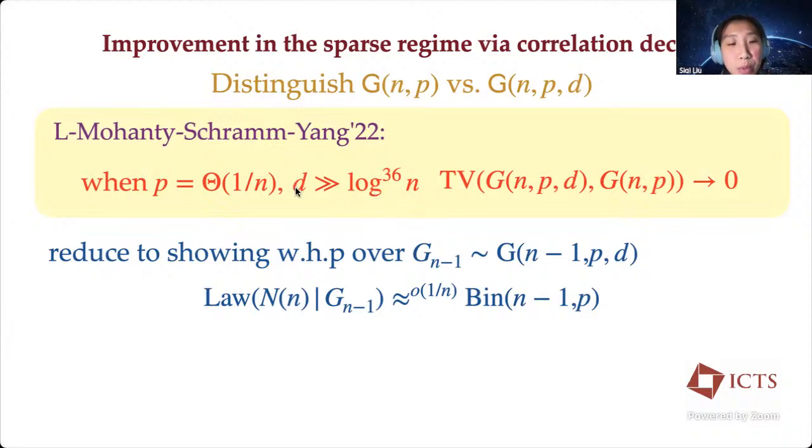And now we're able to say that when d is much bigger than log to the 36 n, it's impossible to distinguish. And we're able to achieve this by looking at yet another different distribution.